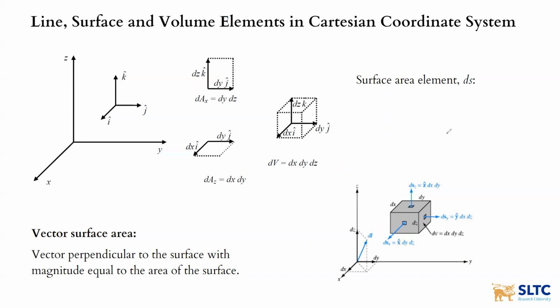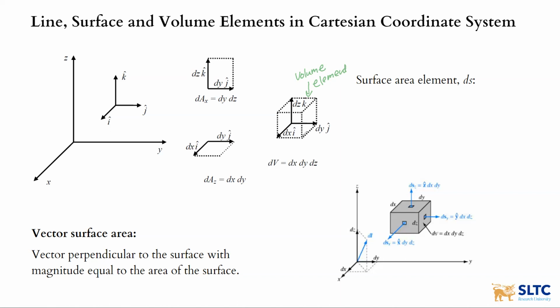The surface area element, as I said before, we can find using the multiplication between the perpendicular components in each of the faces of the surface. I mean, the 3D volume element that we can define for the coordinate system. This is the smallest volume element that we can define for the Cartesian coordinate system. Once we have taken the volume element, we can define the surface area of each of the faces of this volume element.